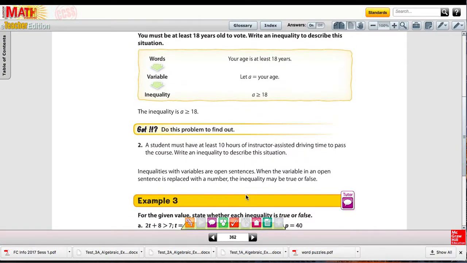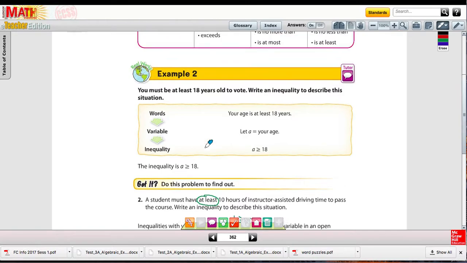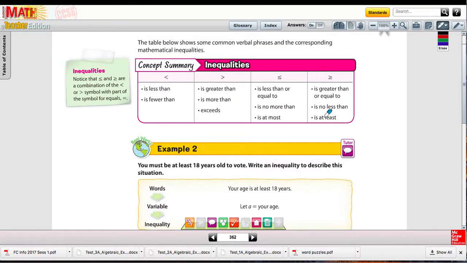A student must have at least 10 hours of instructor-assisted driving to pass the course. Write an inequality to describe that situation. Again, it doesn't matter what variable you use. I might just put D for driving time. It has to be at least 10 hours, so it has to be greater than or equal to 10. That's where the words from up above will help you understand which inequality to use. Greater than or equal to would be at least.